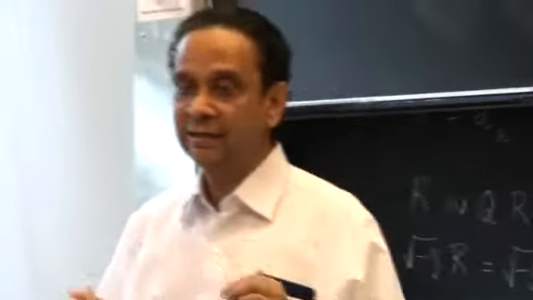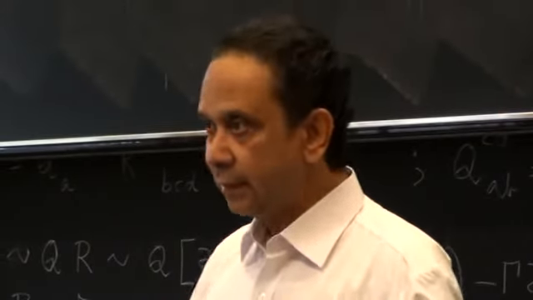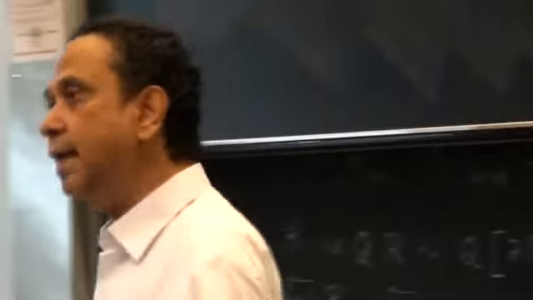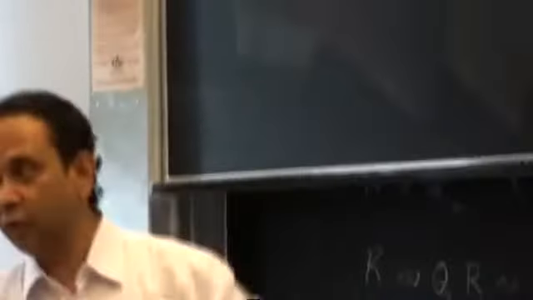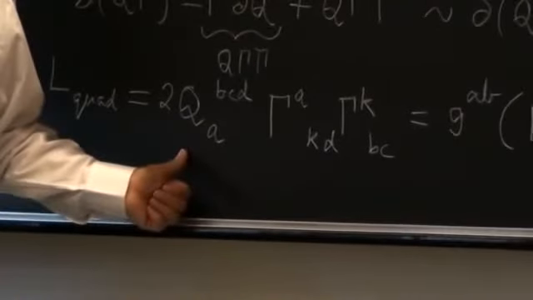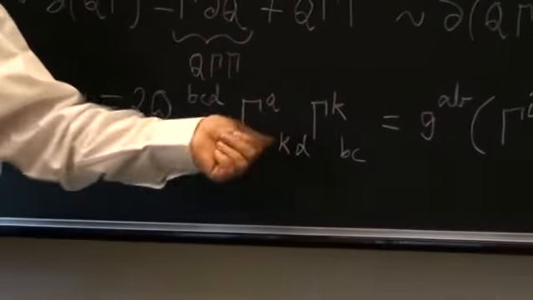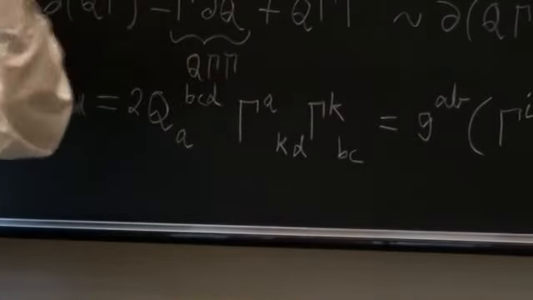In particular, it does not depend on the fact that it is built only out of the metric. So you can have much more complicated Q^{abcd} built out of, let us say, the curvature tensor and the metric, which satisfies these properties, and this result will still hold. And in all those cases, you can separate it out like this. Of course, once you do that, in this you will have two gammas, but here you may have the curvature tensor, so you can no longer say that it is quadratic in the gammas. Those are special properties of the Einstein theory which we will discuss, but in general, this is true.